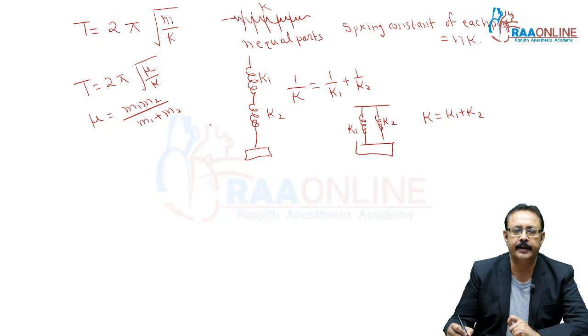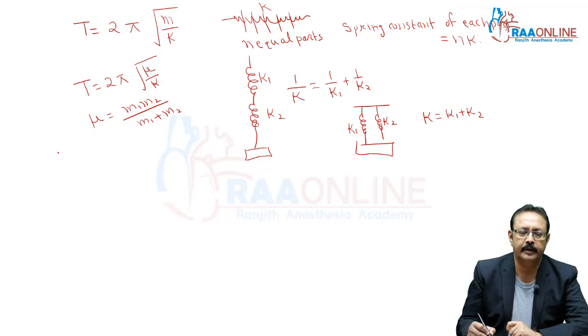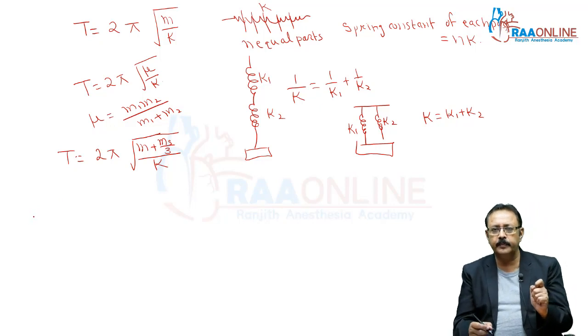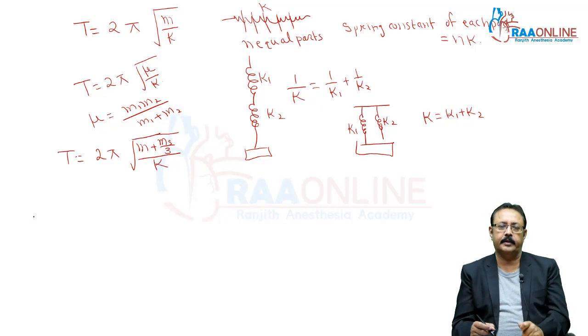If you are taking the mass of the spring into account, then the time period will become 2 pi root over (M plus ms by 3) divided by k. So if you are going to solve spring problems, keep these 3-4 points in your mind. You will get full marks.